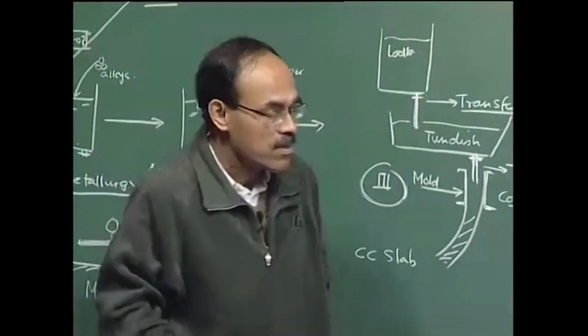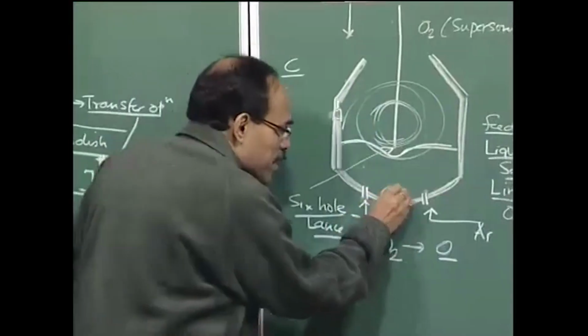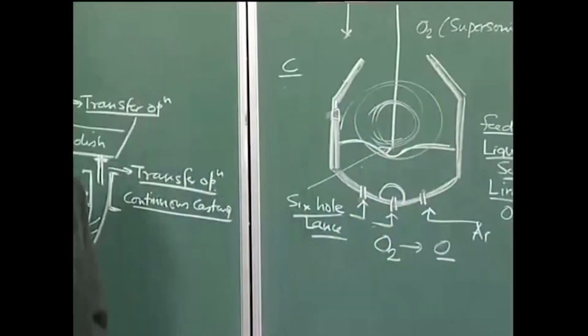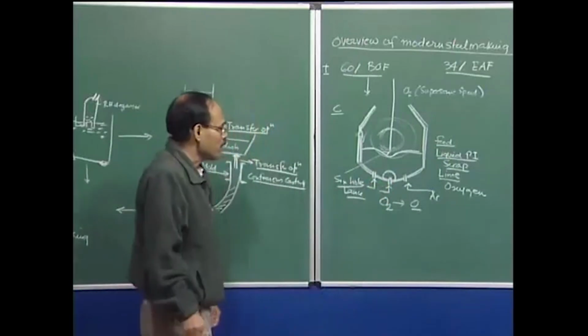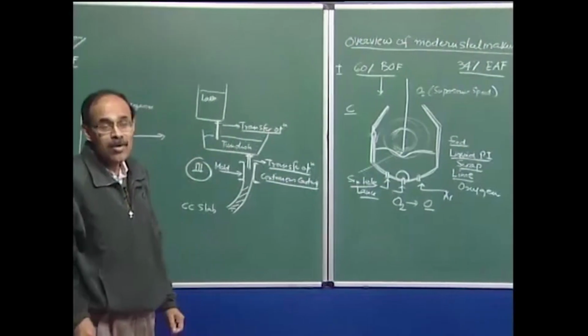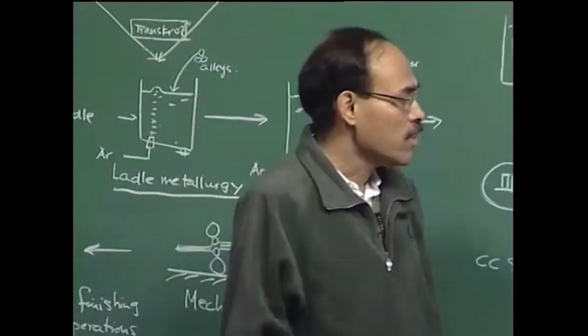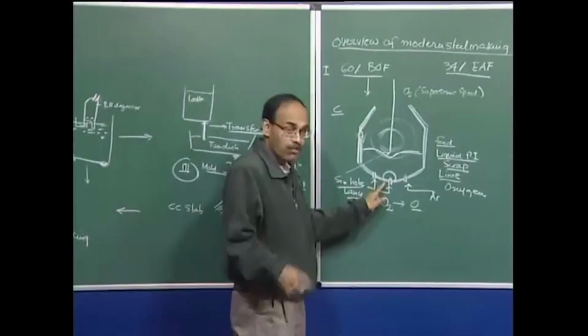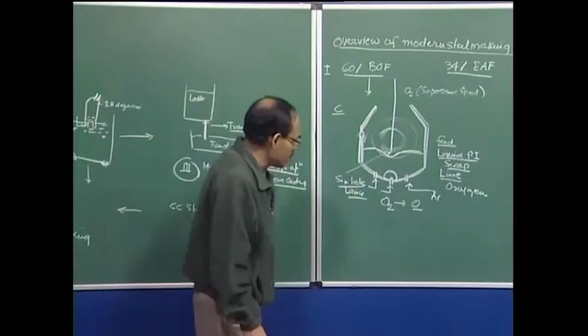If oxygen is introduced through the tuyere, an enormous amount of heat is going to be produced because of the oxidation reaction, and as a result the life of the tuyere can be significantly reduced. So hydrocarbon serves as a coolant. How? Hydrocarbon cracks, and the cracking is an endothermic reaction. Of course, injection of hydrocarbon contaminates the bath with carbon.